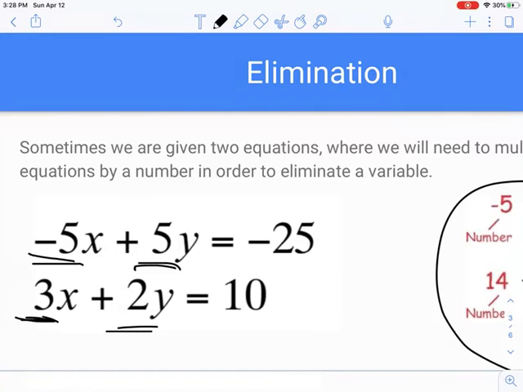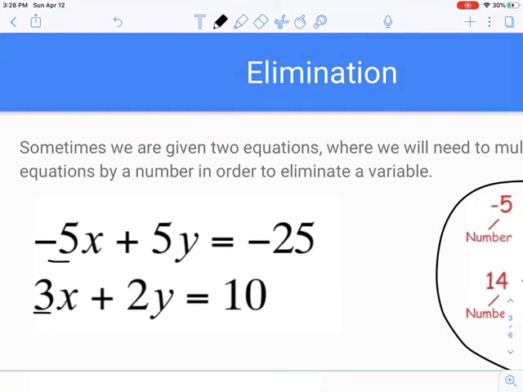Now I'm going to show you how to do it with both the x and the y's. First, we'll start off with the x's. So to go through that, we want to look at what the least common multiple is between a 5 and a 3. So if you think about that for a minute, we know that 5 times 3 gives us 15, and 3 times 5 gives us 15.